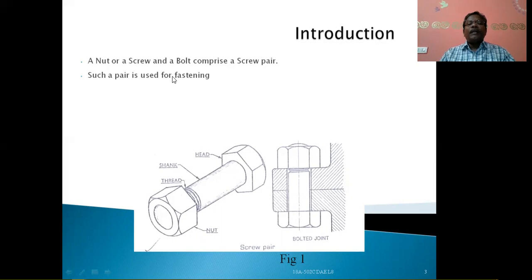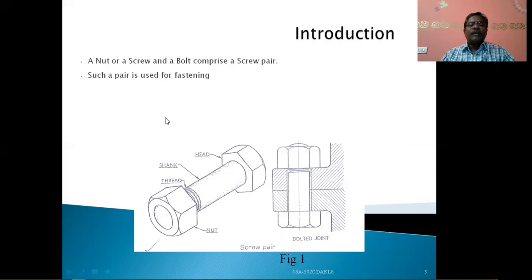Among many types of pairs, as I told you, lower pair, higher pair, screw pair, and others, which you might have discussed in the basic link mechanism topic, these nut, screw, and bolt comprise a screw pair, and this pair is used for fastening.